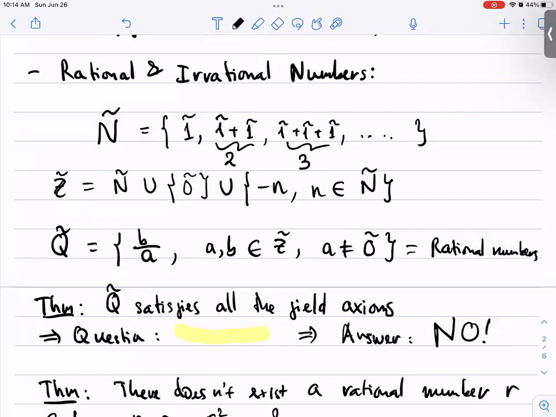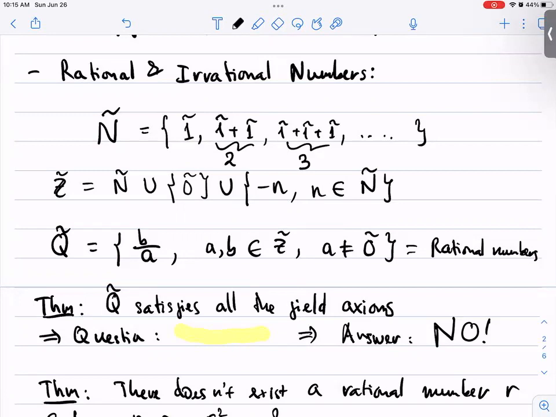Then the set of all integers is defined as follows. Z is going to be the union of the set of natural integers N with the set consisting of element 0 and the set of negatives of these natural integers, so minus n for any n inside the set of natural integers. That's how you define the set of all integers.